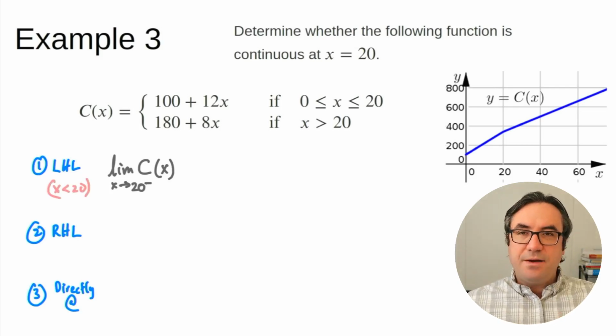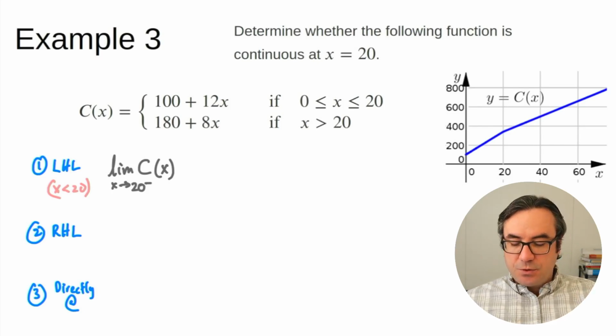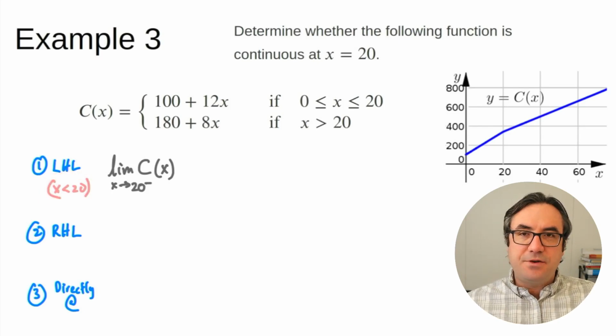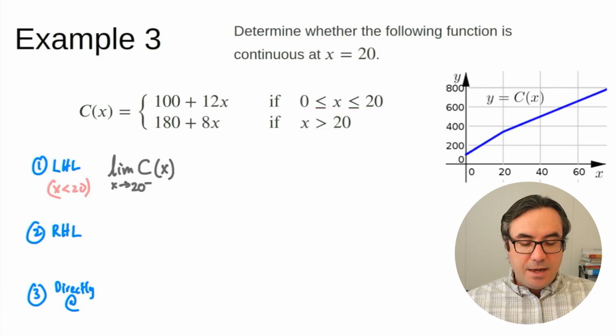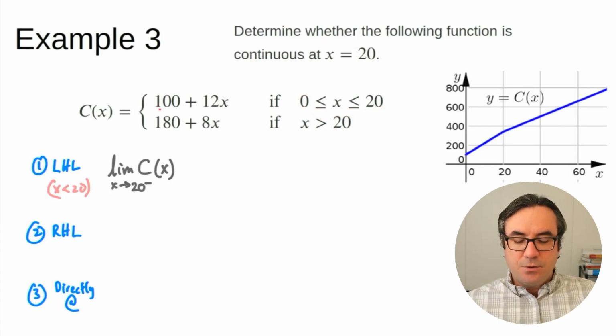So we have to decide which piece of our piecewise function to use. We go up to our conditions here, and we see which one fits that description. And we see that right here, x less than or equal to 20.